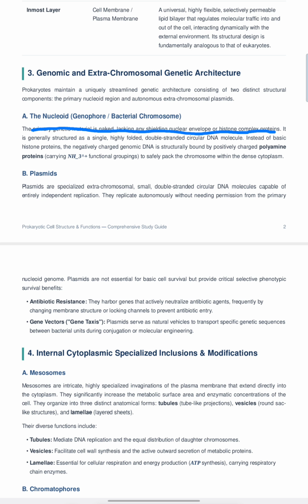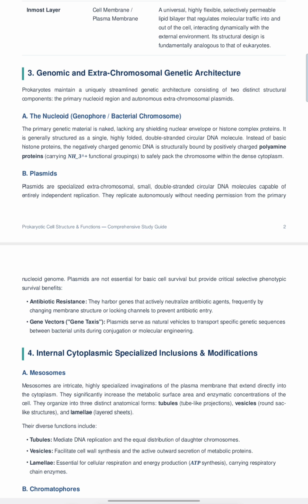It is generally structured as a single, highly folded, double-stranded circular DNA molecule. Instead of basic histone proteins, the negatively charged genomic DNA is structurally bound by positively charged polyamine proteins carrying the NH3+ functional group, the amino group, to safely pack the chromosome within the dense cytoplasm.